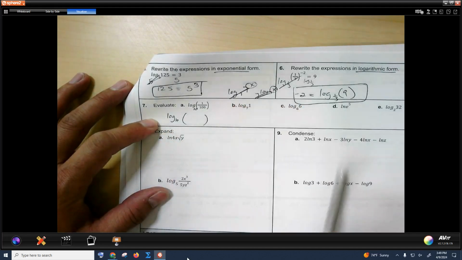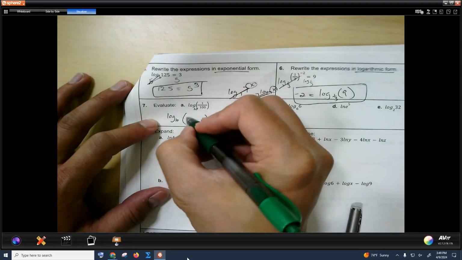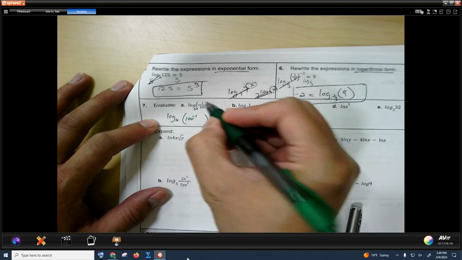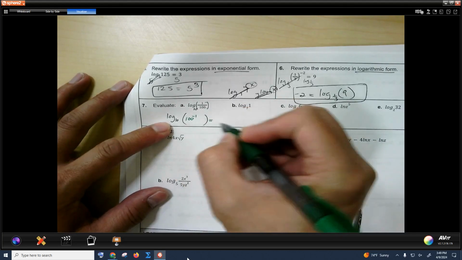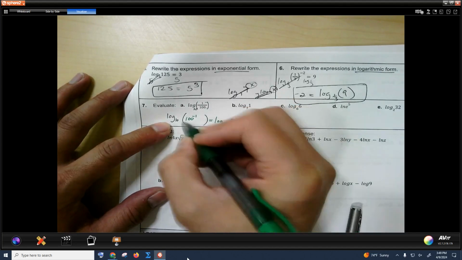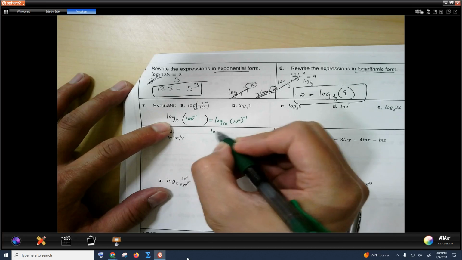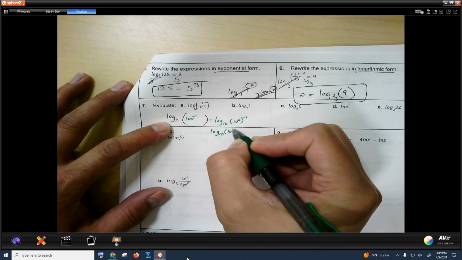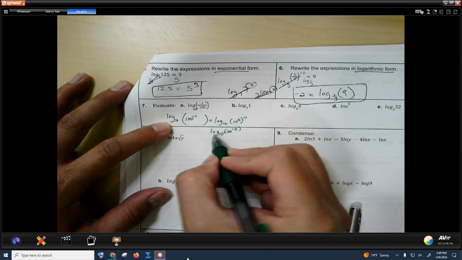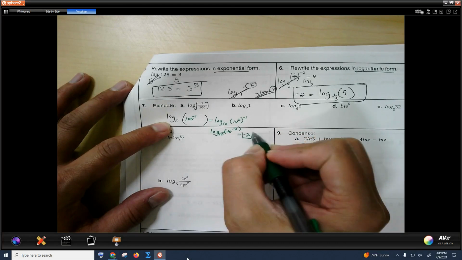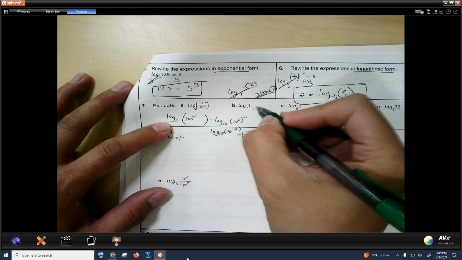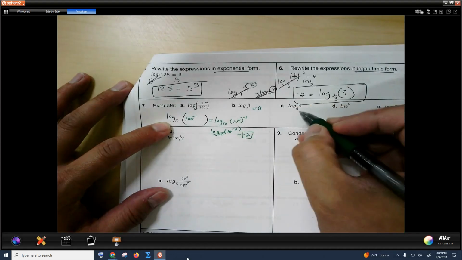You need to cleverly write it: first bring that 100 up, and then you could say that 100 is 10 squared, and then you have 10 to the -2, and then this rule cancels that, so the answer is -2.